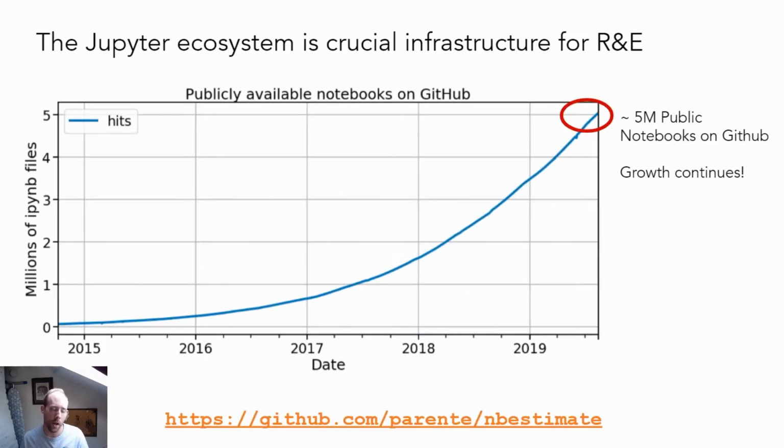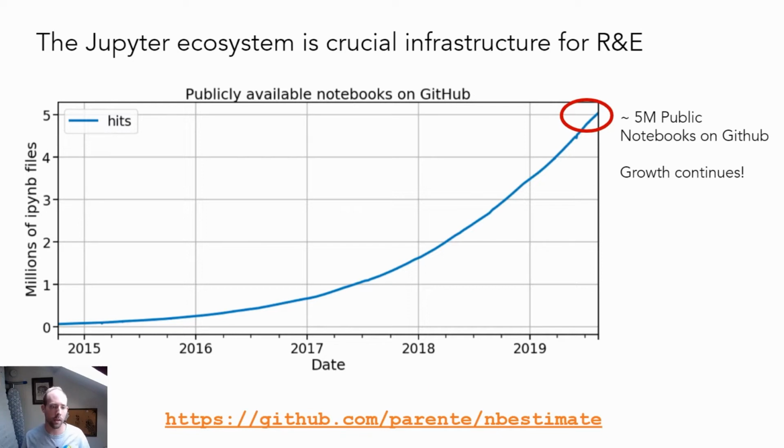Another point that I want to bring up is that over the last couple of years, we've all seen the Jupyter ecosystem grow in its use and in its adoption. But it's worth noting that a lot of that adoption has been at the individual level, and that the amount of resources flowing into the Jupyter project has not scaled with the rate of growth of the project at large.